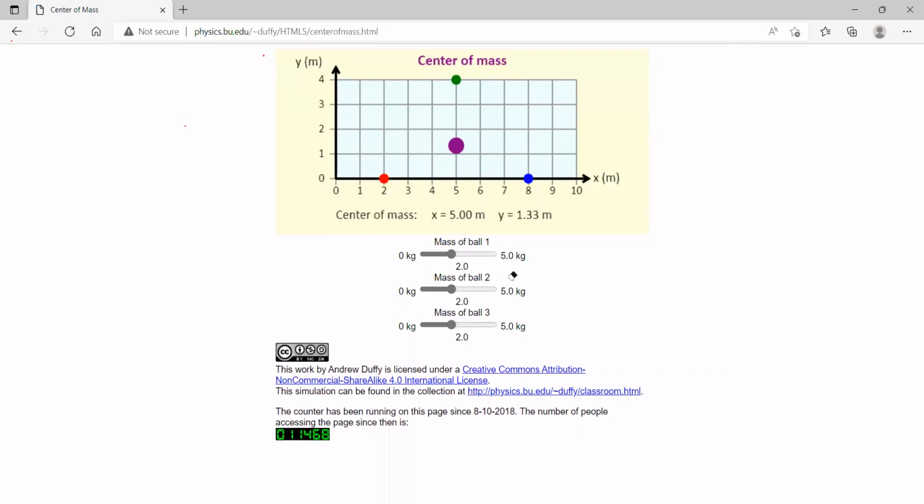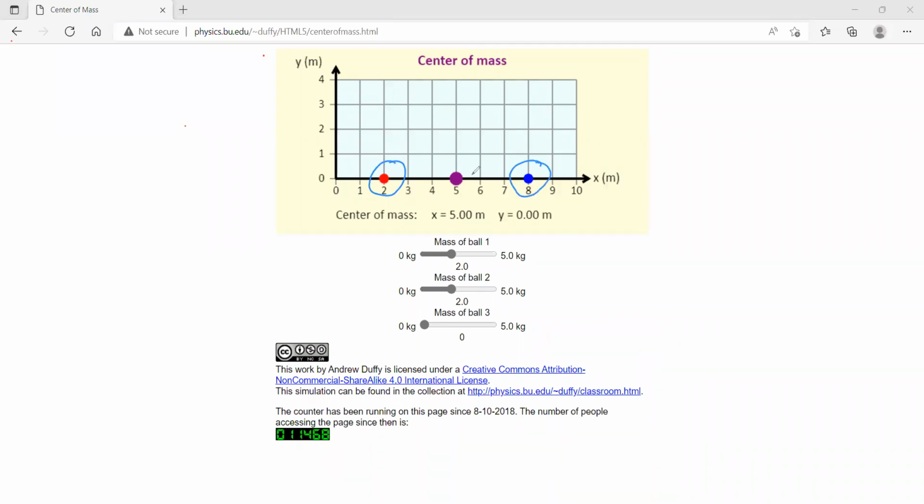Let's say we have two objects. Here I have 1, 2, and 3. The blue, red, and green are basically the objects. Let me first talk about when we have only two objects. Red and blue are basically the objects. So if we have some non-uniformly distributed objects, here we have two particles, one is this one and another is this one.